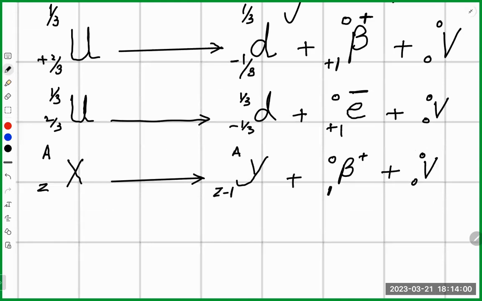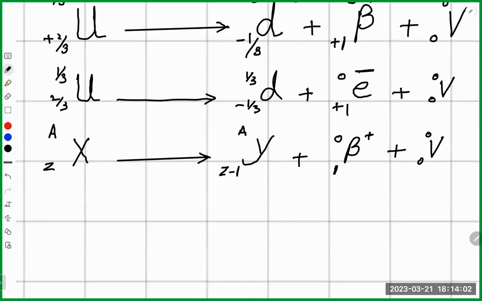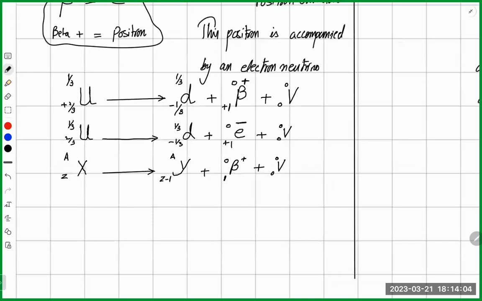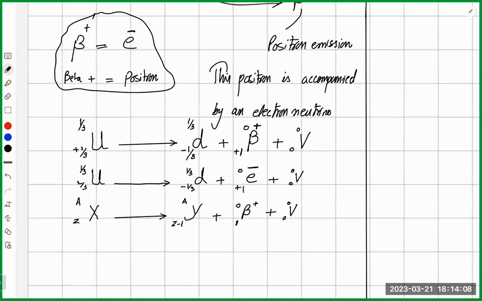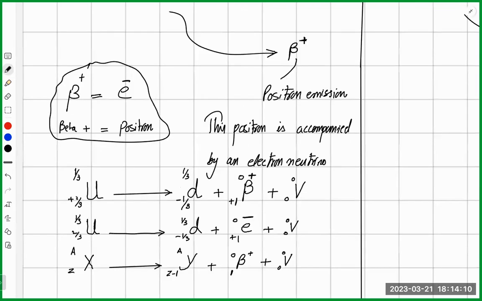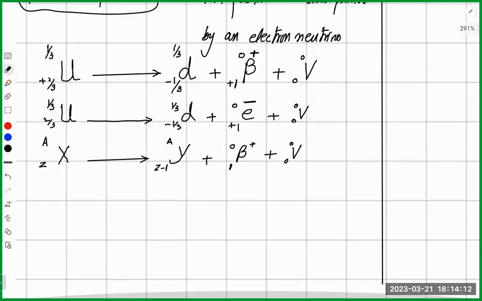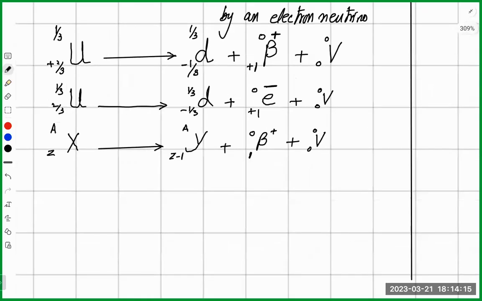Because what has happened is one of the protons has been converted into a neutron. When a proton becomes a neutron, it means there will be one less proton now in the nucleus. There will be no change in the total number of protons and neutrons, because if one proton has decreased, one neutron has increased. The total number of protons and neutrons will stay the same.